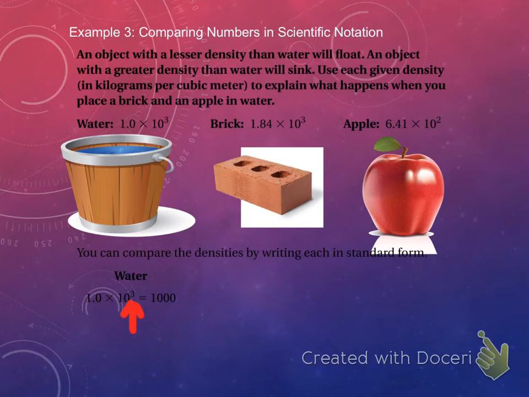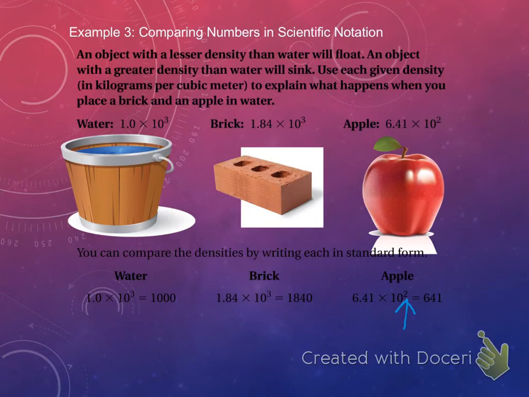Now with the brick at 1.84 times 10 to the third, we're going to take that decimal point, move it 3 places, and we get 1,840. And for the apple, we have 6.41 times 10 to the second. It only has an exponent of 2, so we move the decimal 2 places, and we end up with 640.